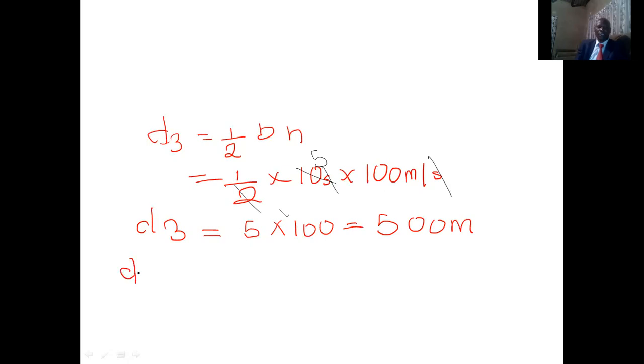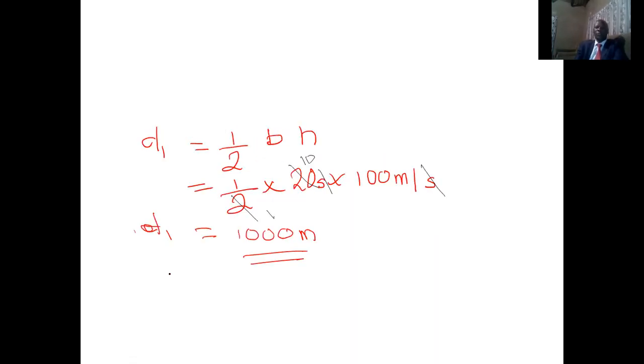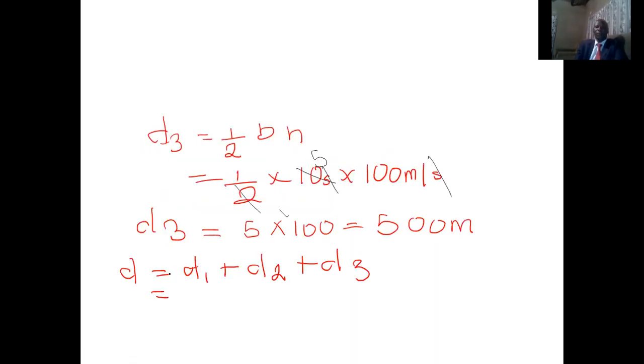So our overall distance will be equal to distance 1 plus distance 2 plus distance 3. Remember, distance 1 was 1,000 meters.